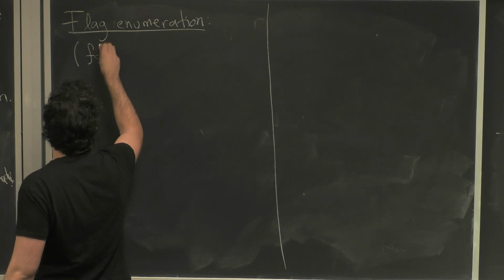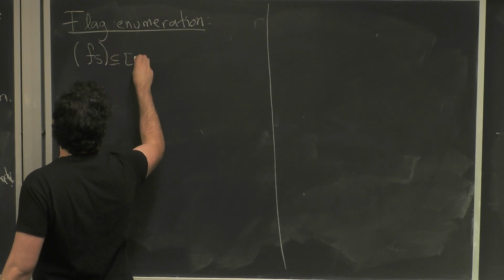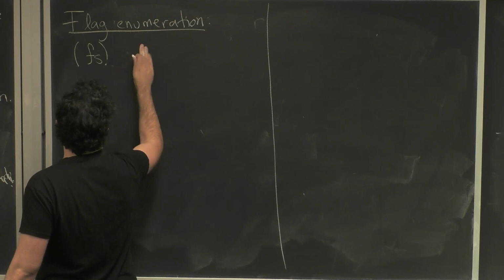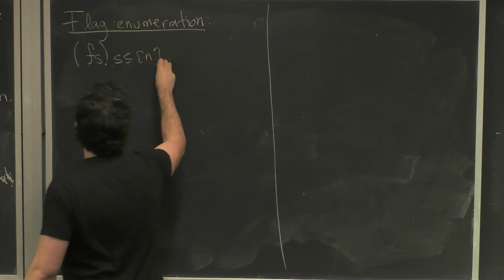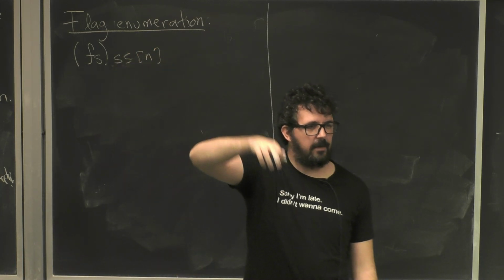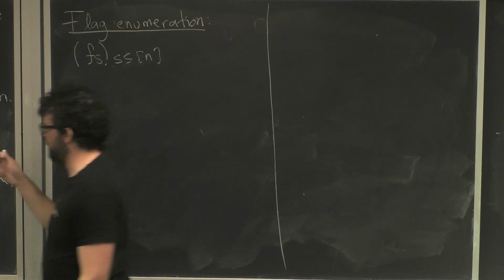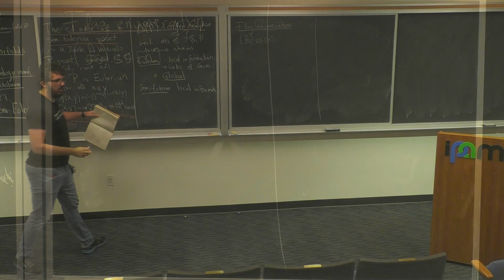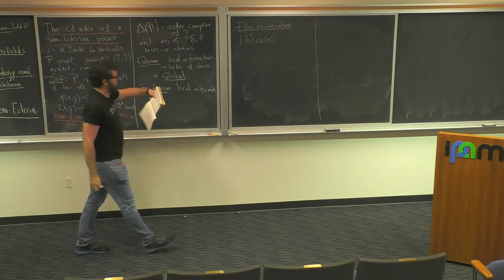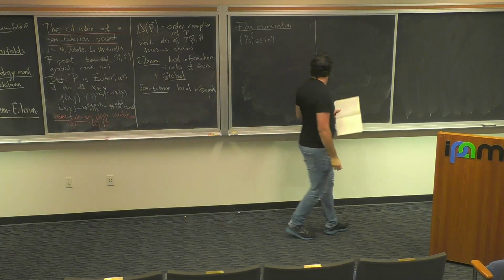I'm going to talk about a vector, and this vector has one entry for every subset of n. Remember that my poset had rank n plus 1, so every relevant element that is not 0 or 1 has one associated rank, which is a number between 1 and n.